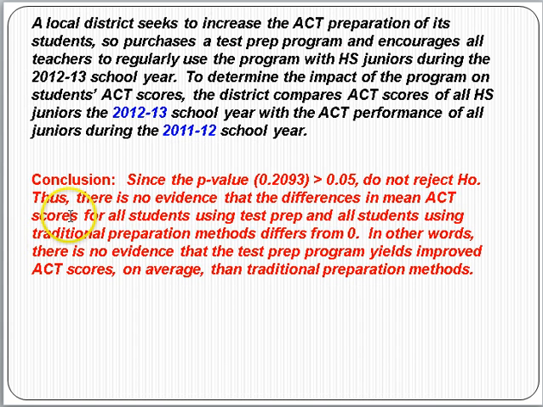All right, so the conclusion: since the p-value, which is 0.2093, is greater than 0.05, we do not reject H0. So there's no evidence that the difference in the mean ACT scores for all students using test prep and all students using traditional methods to prepare for the ACT differs from 0.